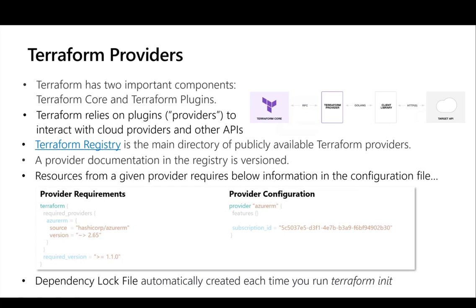So as I mentioned, Terraform has two important components. One is the Terraform core, and then you have the Terraform plugins, which are provided by different cloud providers. So Azure, AWS, each of these cloud providers has a set of plugins which Terraform exposes to manage resources in these cloud providers.